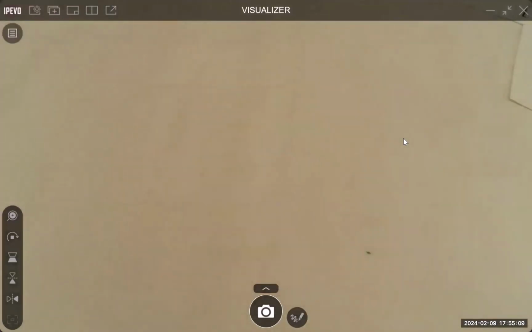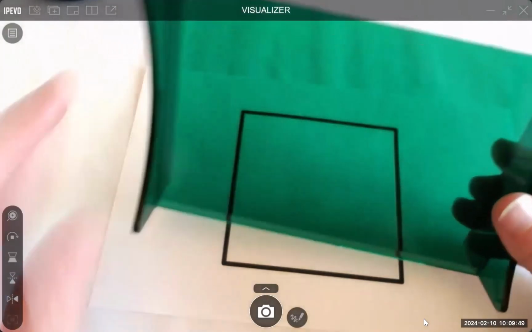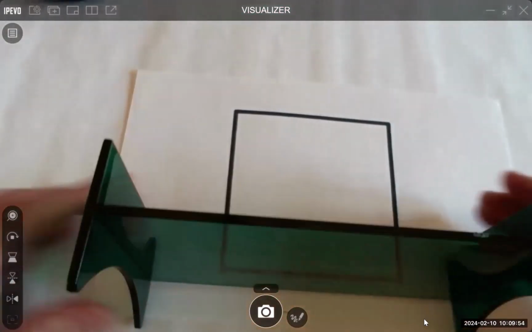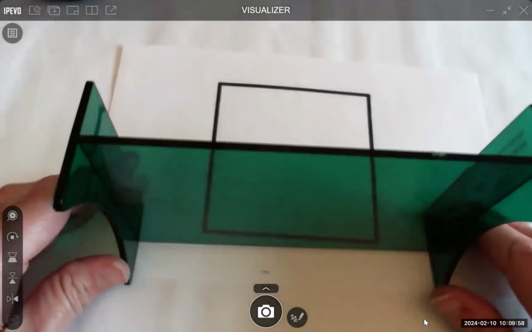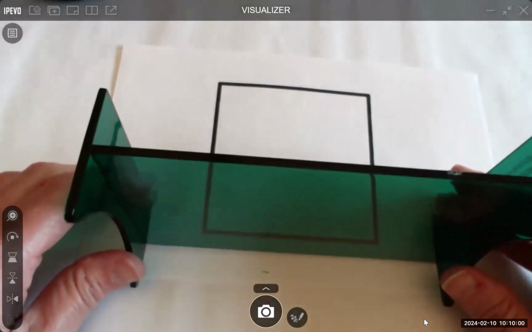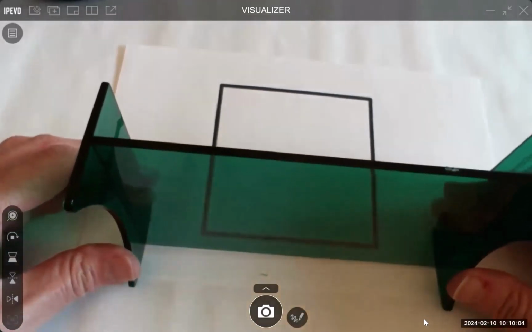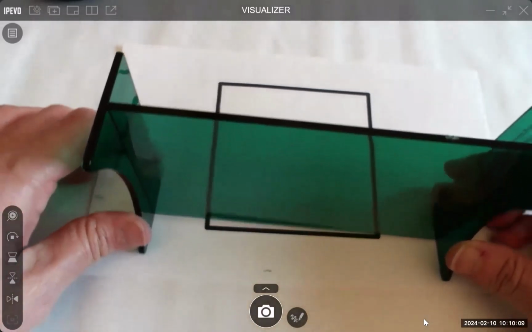Okay. Let's start with the square and our Geo-Mirror. Again, I have my beveled edge that will be placed on the paper. I'm going to place it just under. I'm trying to position this just so you can see it with the camera. Just below the shape of the square, and I am going to begin to slide my Geo-Mirror across the shape, starting at the bottom.